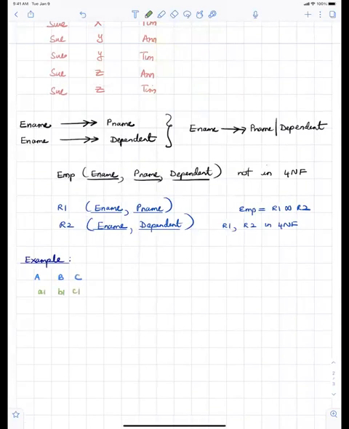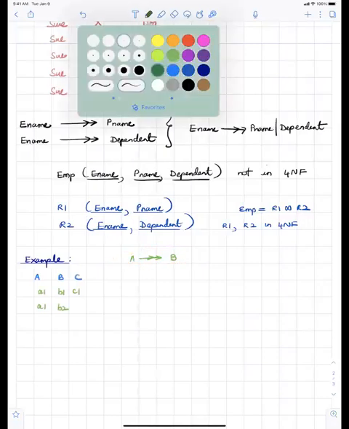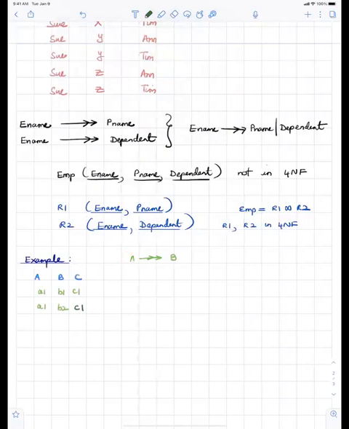Suppose you're given that A multi-value determines B, and you're also given A1 and B2, but you don't know the value of C. Because A multi-value determines B, you know you should have a C1 out here. Therefore, when A1 goes to B2, you must have a C1 there.